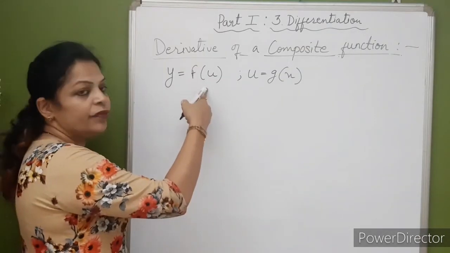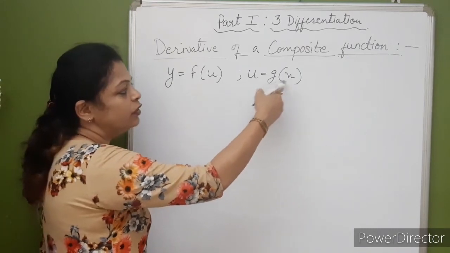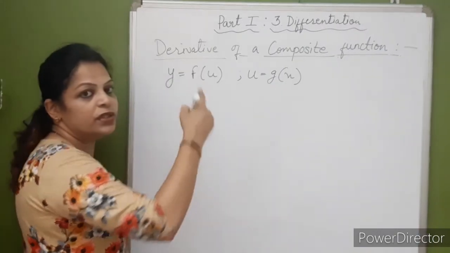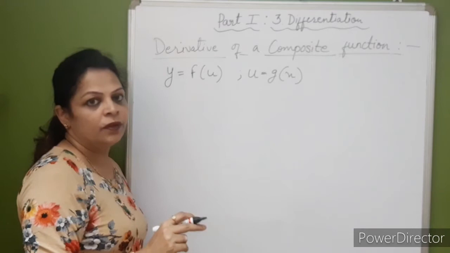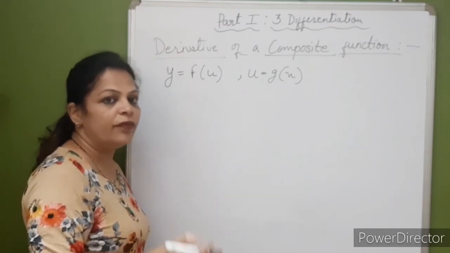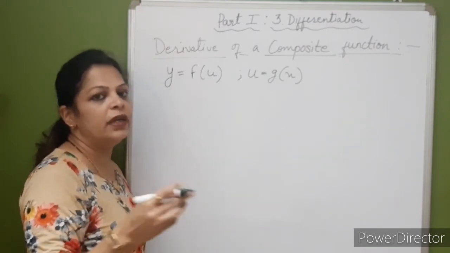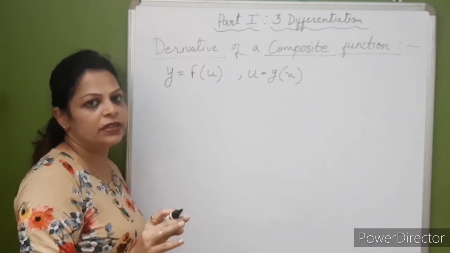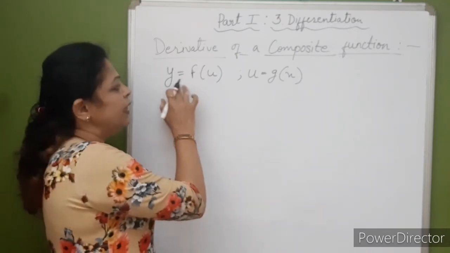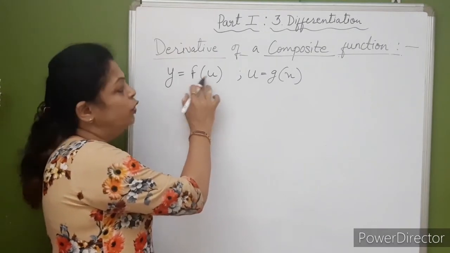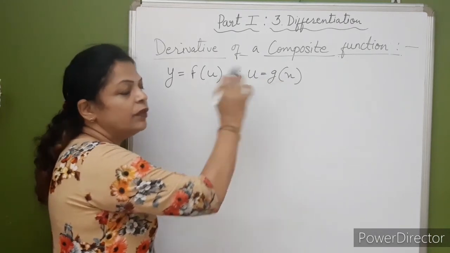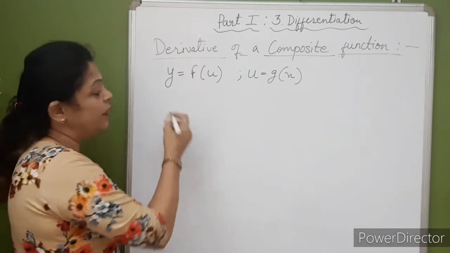Y is equal to f of u and u is equal to g of x, where f and g denote some functions. Understood? G of x, f of x, h of x, these are different names just given to the functions. It's one and the same. So y is a function of u and u is a function of x. Then such a function is called a composite function.